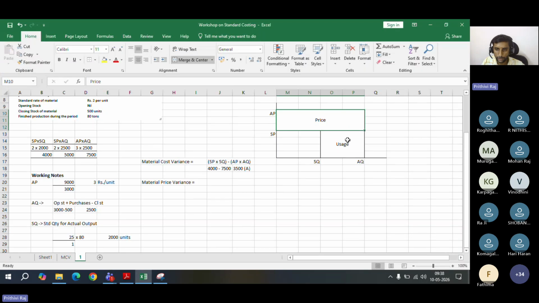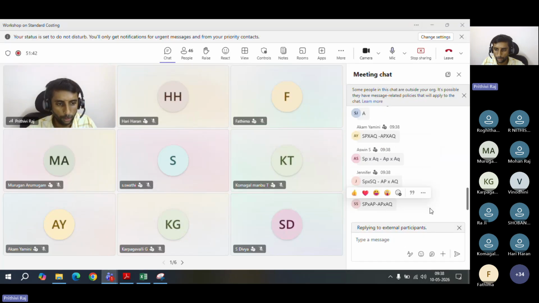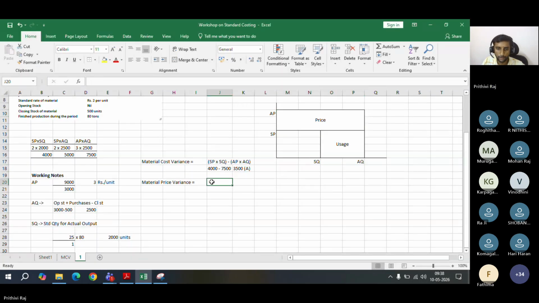SP into AQ minus AP into AQ. Correct. Now just take the value from the table. SP into AQ is 5000 minus AP into AQ is 7500. So what will come? 2500 adverse.